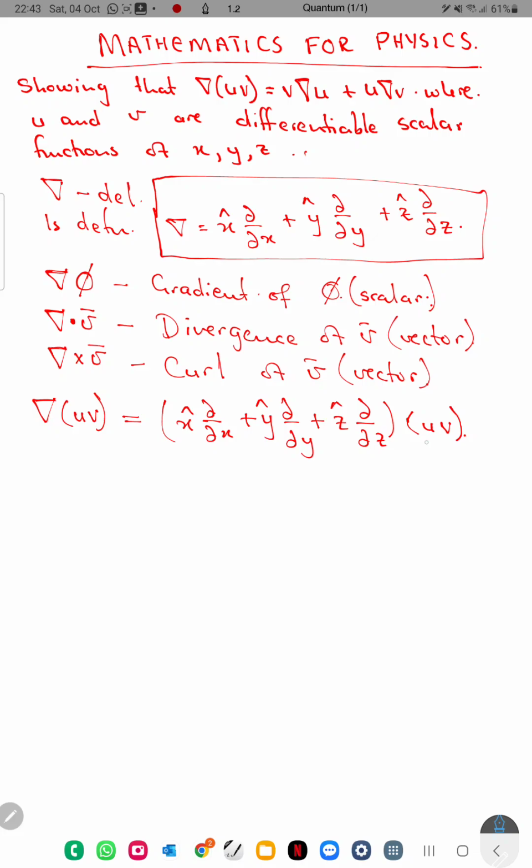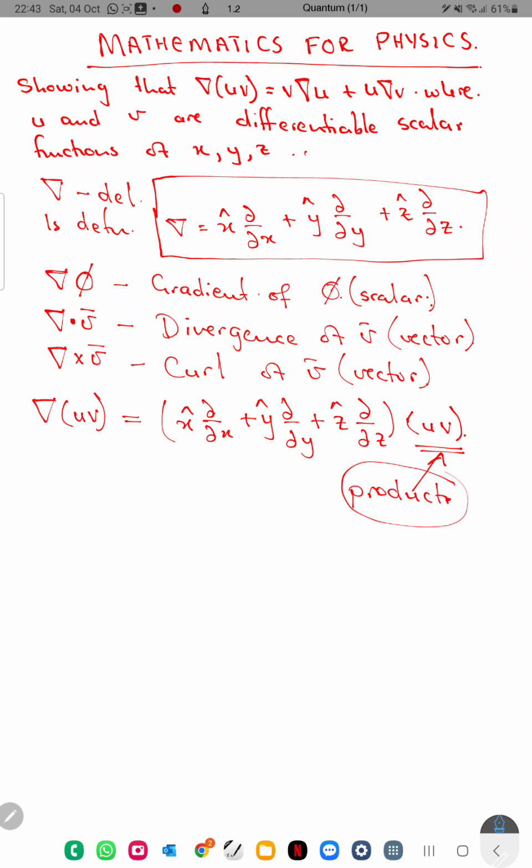And if you look at uv, this is a product. On differentiation, we use the product rule.